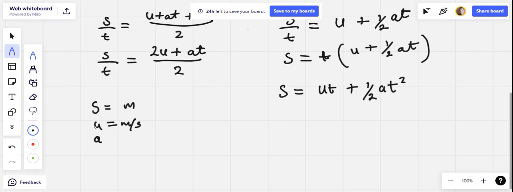Your acceleration a will be in meter per second square. And your time t will be in seconds. So you plug it in to look for whatever you are looking for, either time or acceleration, depending. But make sure that all the units are in their SI unit form. Okay, so this is our third equation of motion.